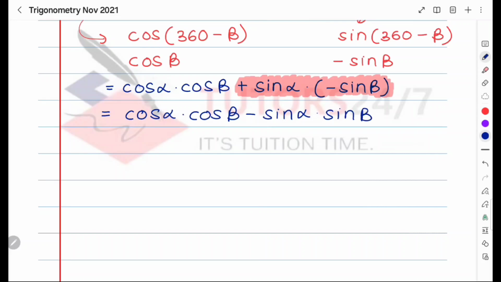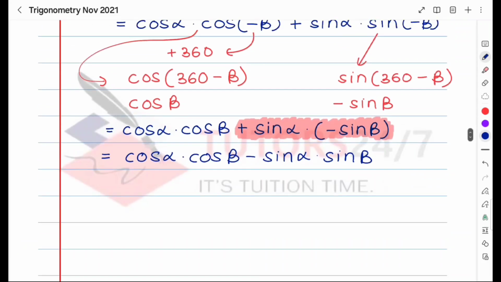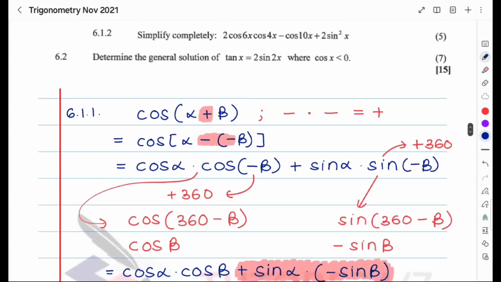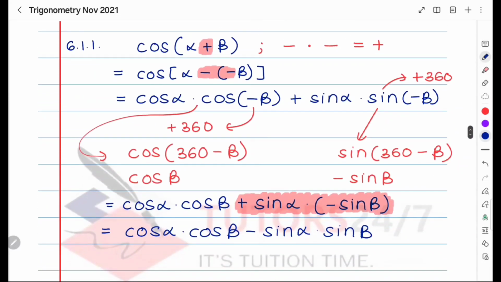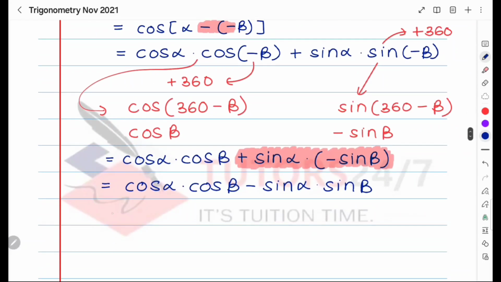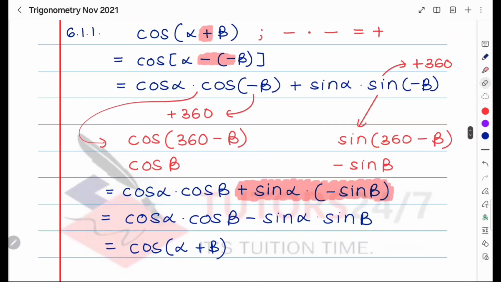Now, if you look at your compound angle formulas, you can take this a step further and simplify it if you want to. But let us go back to the original question quickly. It stated, use the given identity to derive a formula. So we've now derived a formula. If you simplify it and take it to the next step as per your formula sheet, you would end up with cos of alpha plus beta, which is the original. But you don't have to because that's just taking you backwards. So we can stop here.